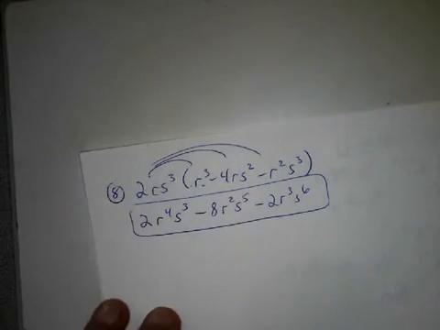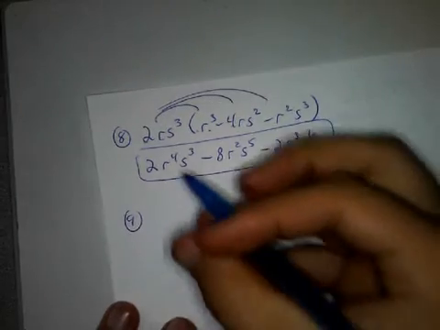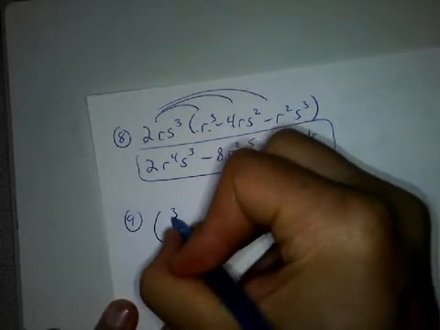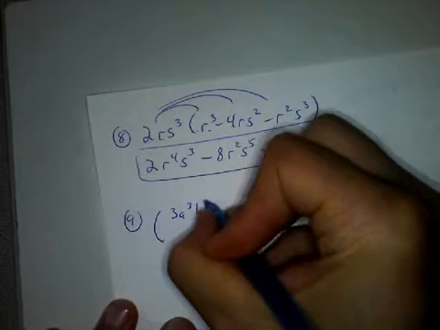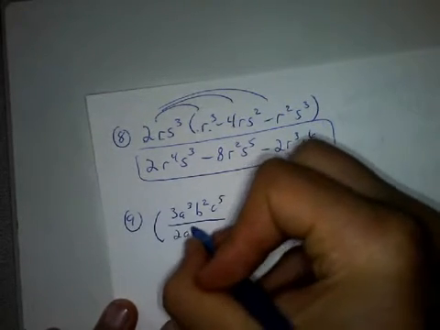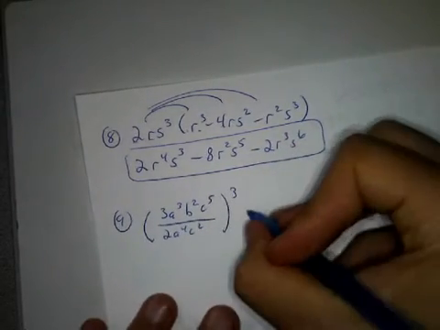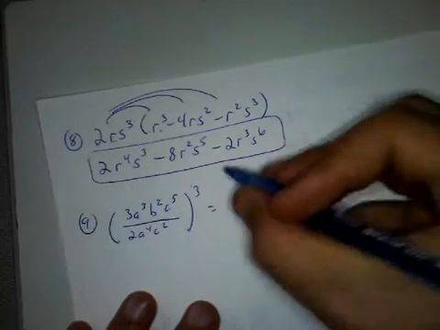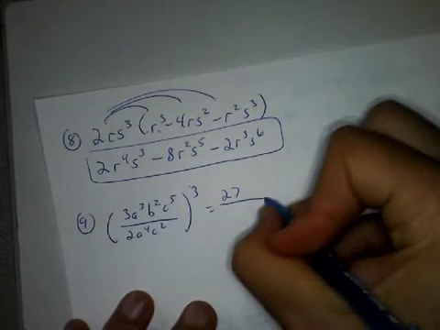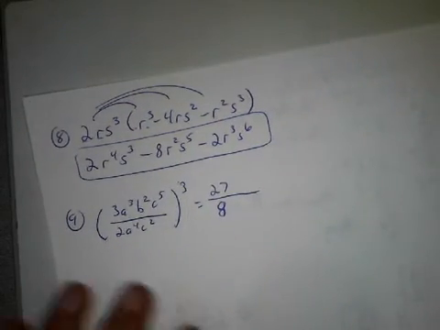That's it. Let's take another one, such as 3a cubed, b squared, c to the 5th, all over 2a to the 4th, c squared, cubed. We can distribute this to get 27 and 8 as in two numbers.